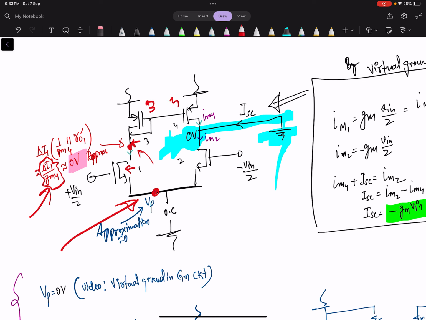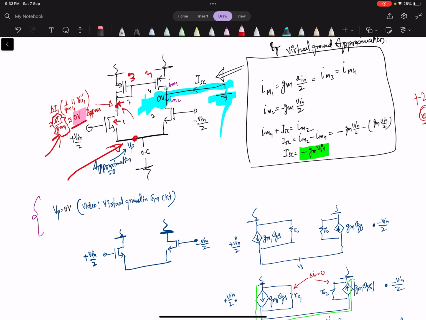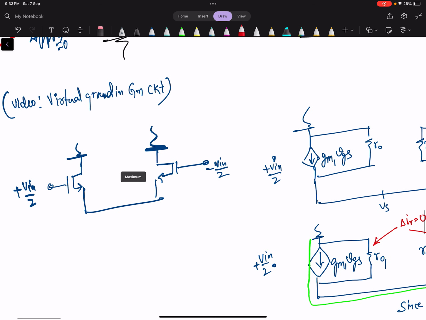So this will be approximately equal to 0 volt. This is the approximation we have taken, not exactly 0 volt, because the swing is very small. In that case, the circuit will become like this.